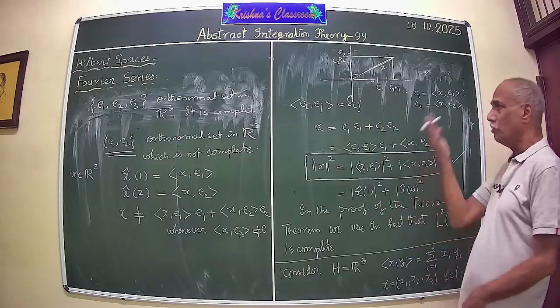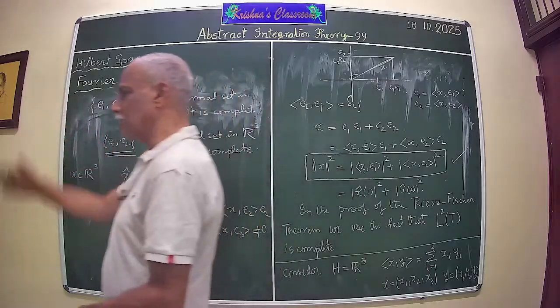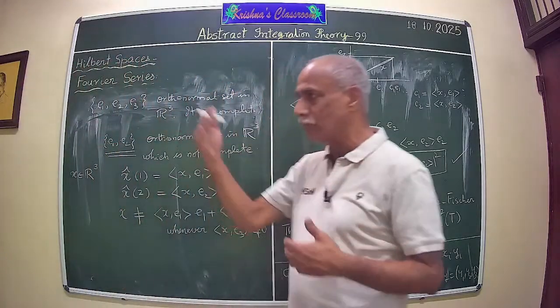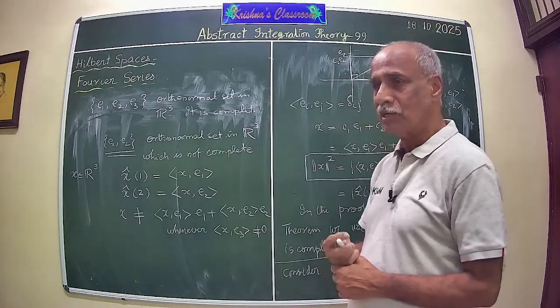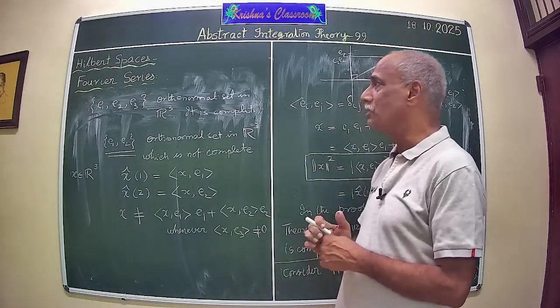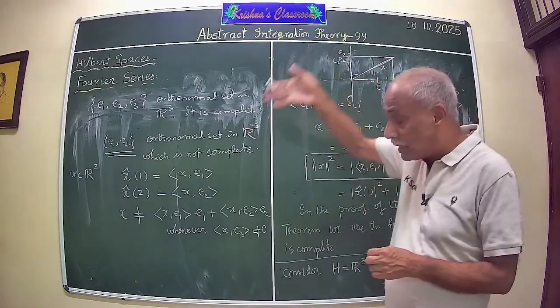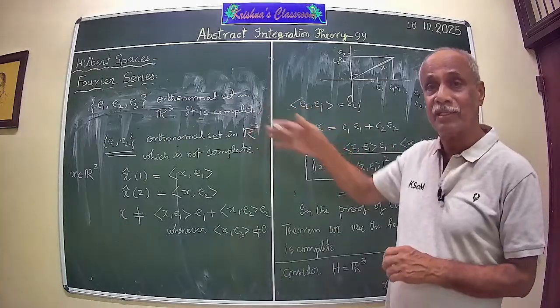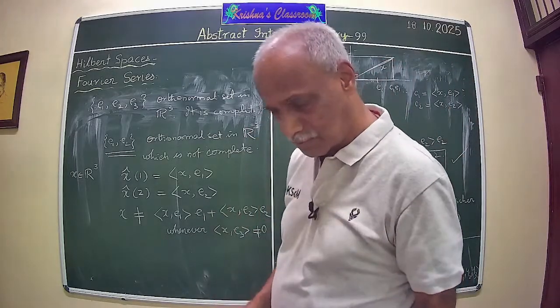In fact, Fourier series is a concrete example of a Hilbert space. The general theorem that we have proved is condensed out of, or inspired by, Fourier series. The insights also came from Fourier series. And if you go back to the roots, you see that it is there in R2, R3, and so on.